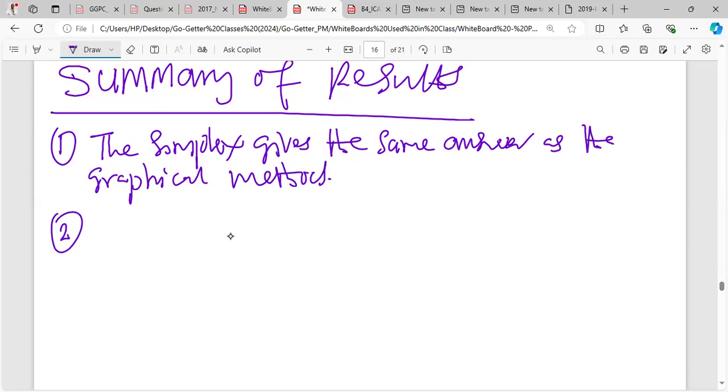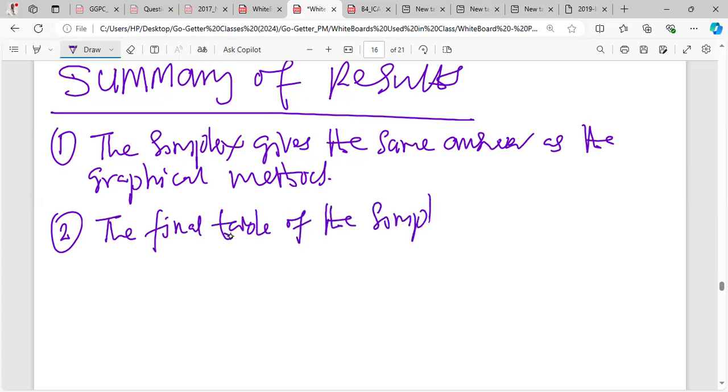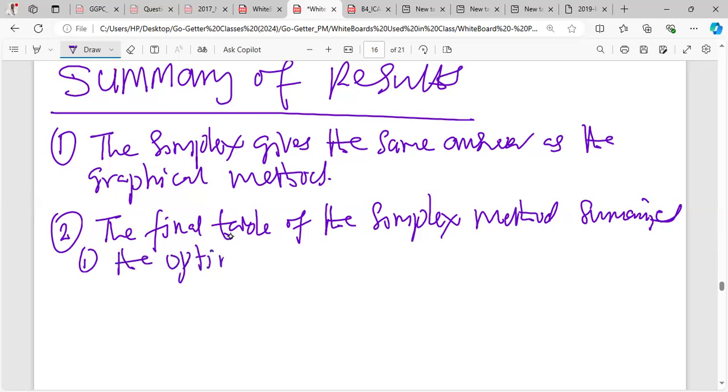Two, the final table of the simplex method summarizes: one, the optimal quantity to be produced.